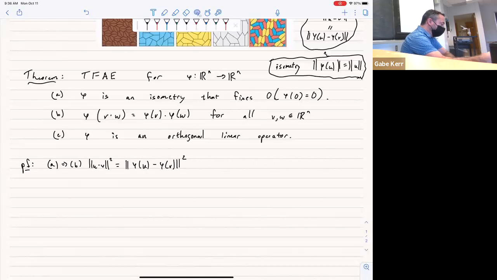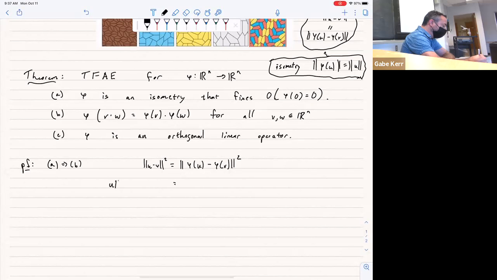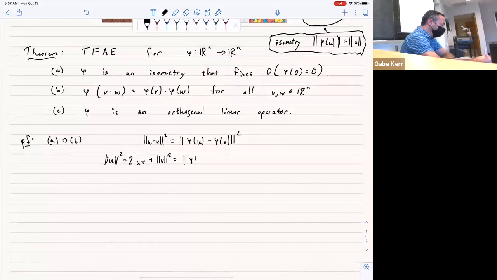On the left-hand side, we get phi of U squared minus 2 phi of U dot phi of V plus phi of V squared. On the right-hand side, again using the properties of dot product, remembering that the magnitude squared is something dot itself.